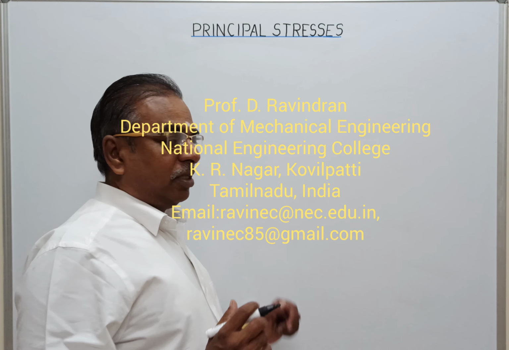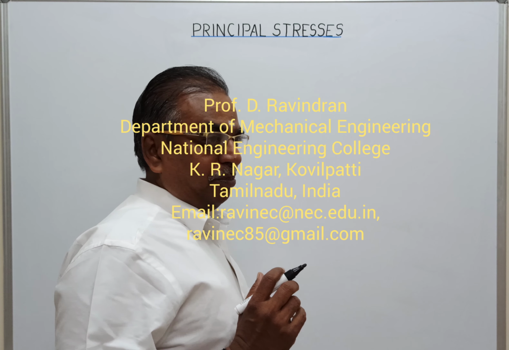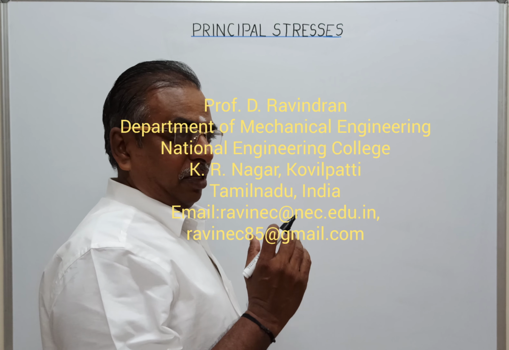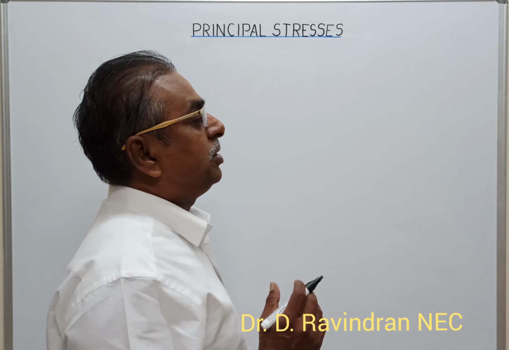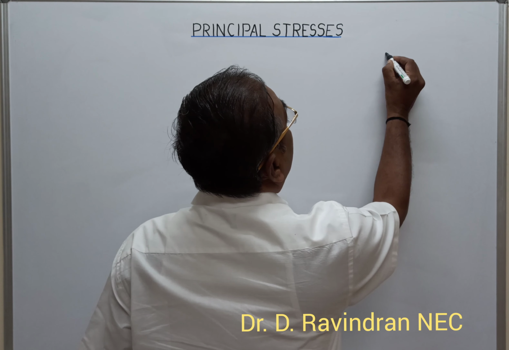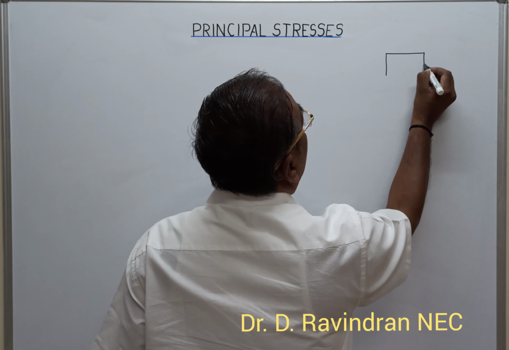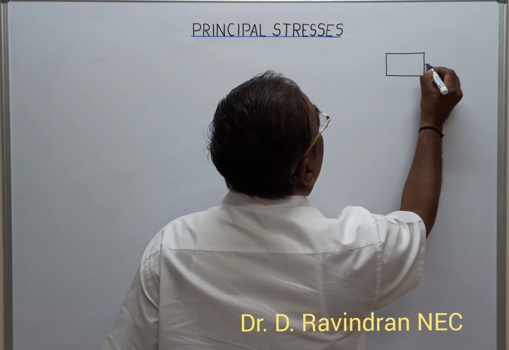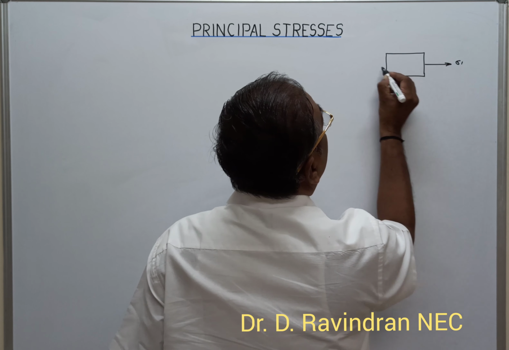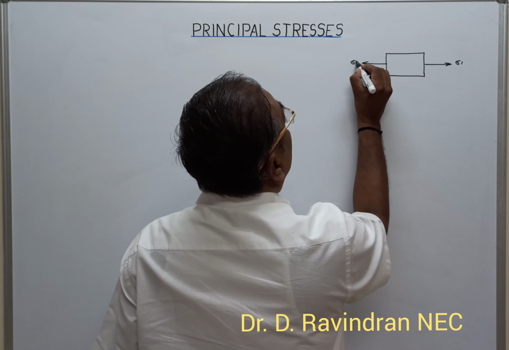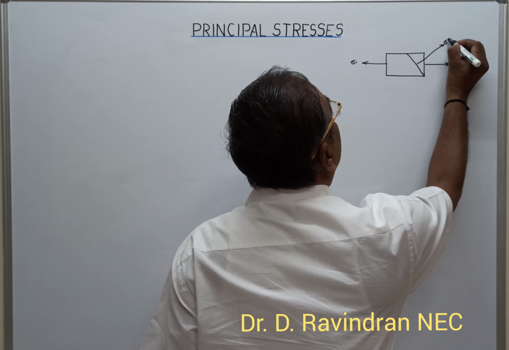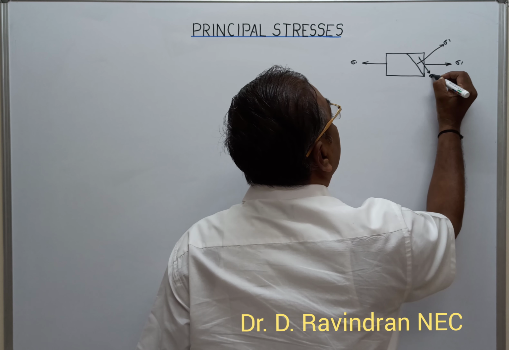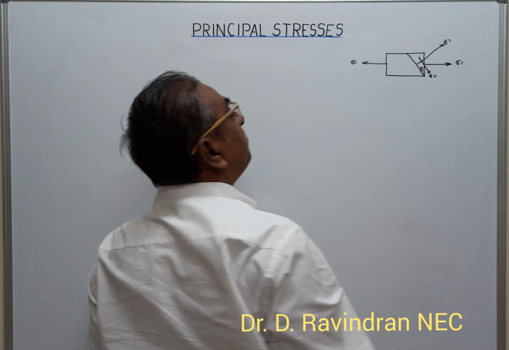In the previous lecture, we have seen the principal stresses are the stresses on any inclined plane when a member is subjected to a single axis stress. That means when a member is subjected to a single axis stress like this, we have found out the normal as well as tangential stresses on any inclined plane theta.